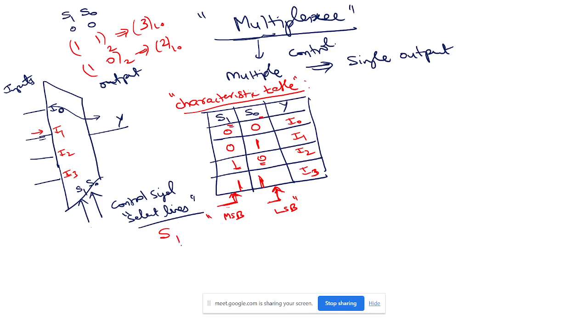Why is this 1 here? What is this 0? If you look at this, what is the conversion factor from binary with MSB? 2 power 0 into S0, 2 power 1 into S1. This is nothing but the powers. That's all. Weighted sum of powers. You can understand it like that.